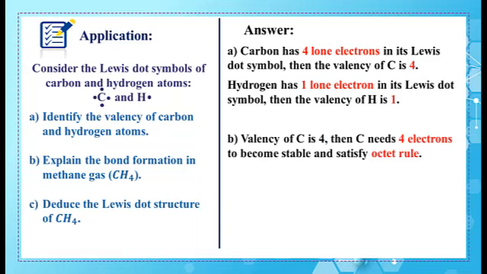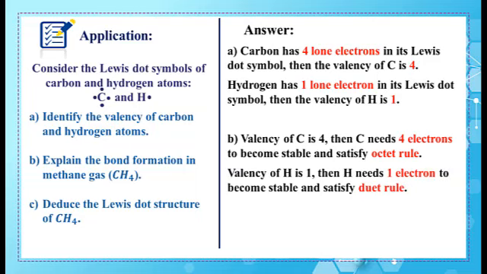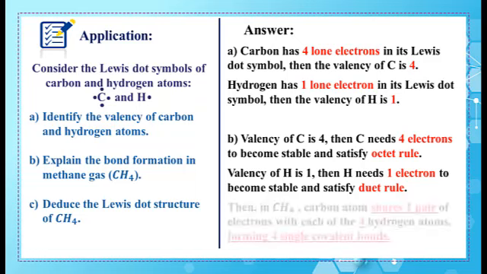Part B. In explaining the bond formation in CH4, we have to say that the valency of carbon is 4, then carbon needs 4 electrons to become stable and satisfy the octet rule. And the valency of hydrogen is 1, then hydrogen needs 1 electron to become stable and satisfy the duet rule.